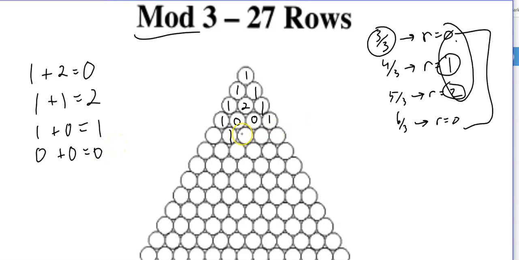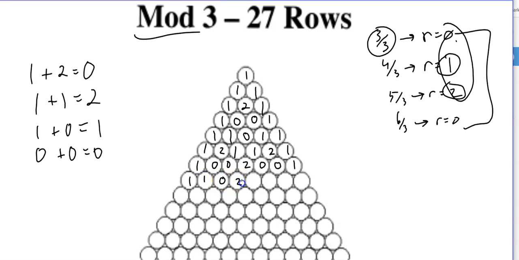That's one of our possible remainders. 1 plus 1 is 2. 1 plus 0 is 1. I'm waiting for another rule to come up, and we're not quite there yet. 3 is really 0. This is 2. 0, 0, 1. Wow, I'm doing a lot of this. I did not expect to do this much.